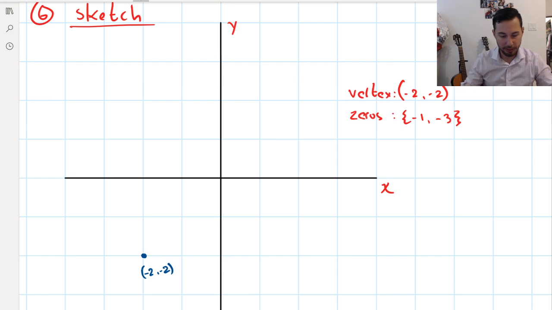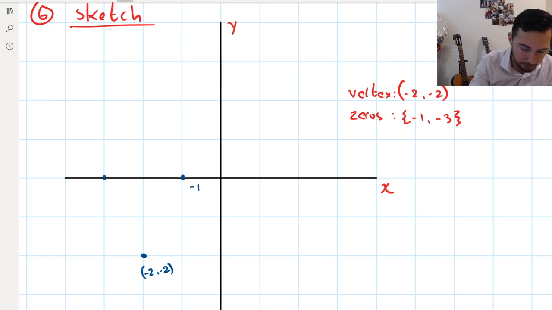So I'm going to see that my zeros are both going to be 1 point away to each side of the function. So my zeros here would be -1 and -3. And again, from my vertex, they're both 1 away.